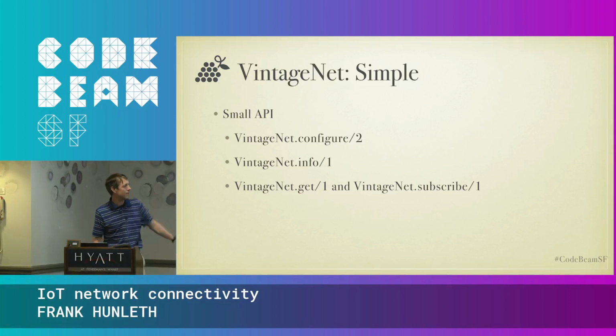Then these last two, get and subscribe, let you introspect on various aspects of the network. You could get an IP address, or if you have a wireless LAN with the card scanning for access points, you could subscribe to a property that says what the current access points in range are, so that you could link that to some sort of user interface that updates in real time for someone to see.